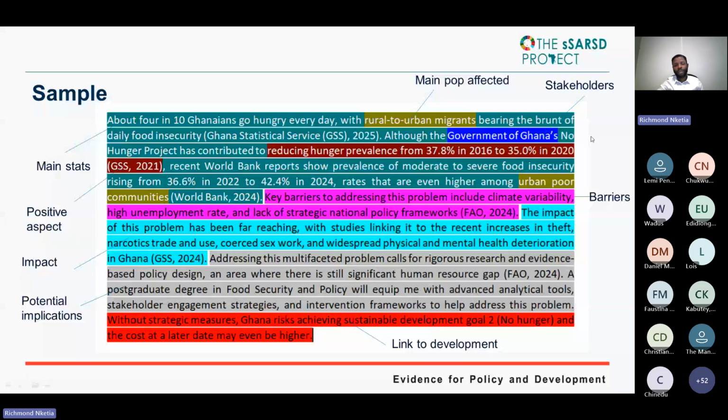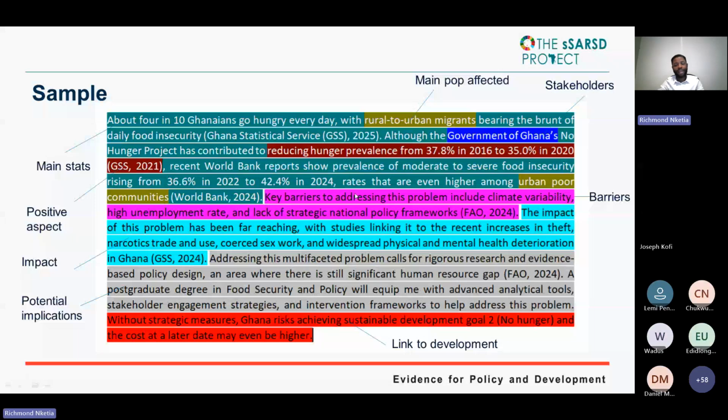I just drafted it. So although the government of Ghana's No Hunger Project has contributed to reducing hunger prevalence from 37.8% in 2016 to 35.0% in 2020, recent World Bank reports show prevalence of moderate to severe food insecurity rising from 36.6% in 2022 to 42.4% in 2024.